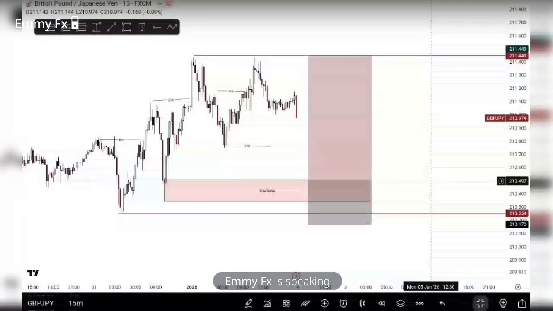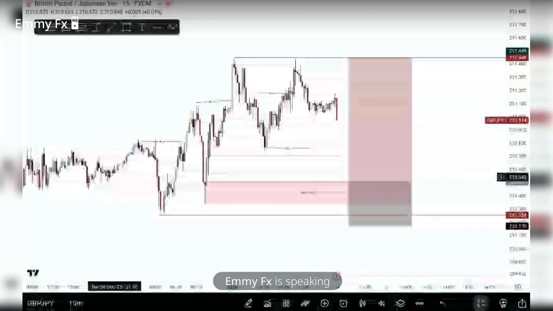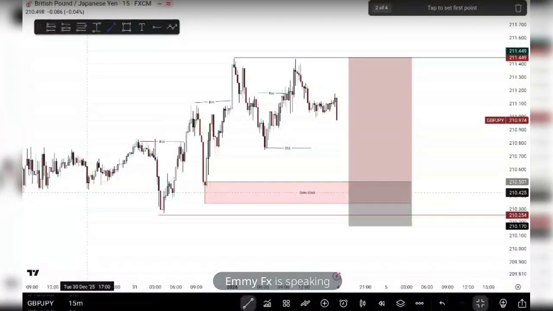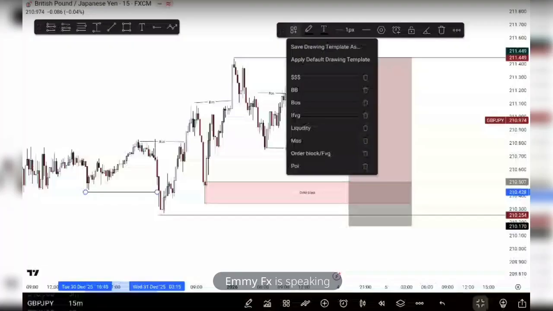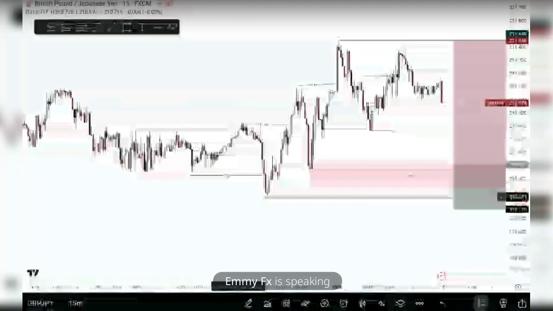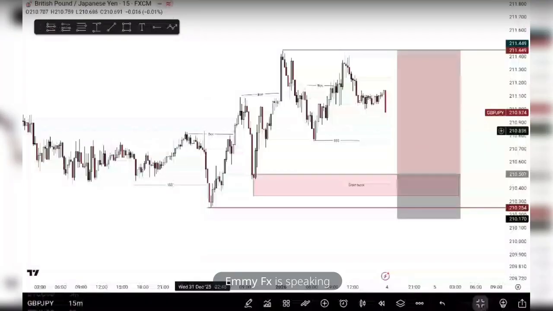So we have this breakout structure to the upside, and we also have this liquidity which is being taken. So liquidity is being taken out from here first. So we have another breakout structure, or you can call it market structure shift. We also have this breakout structure to the upside. I also have this internal breakout structure, right?